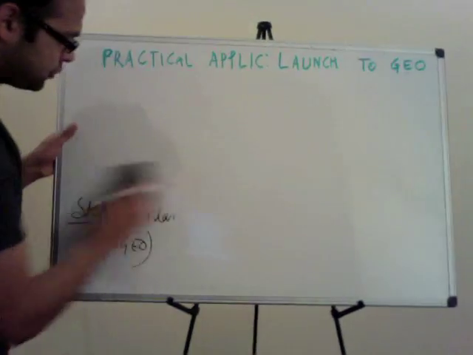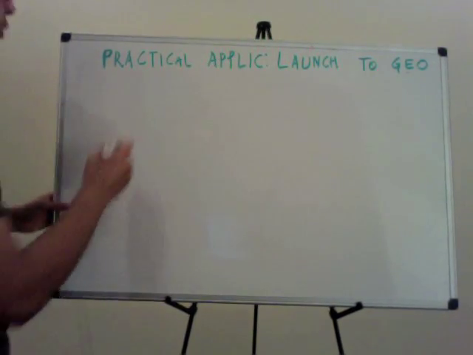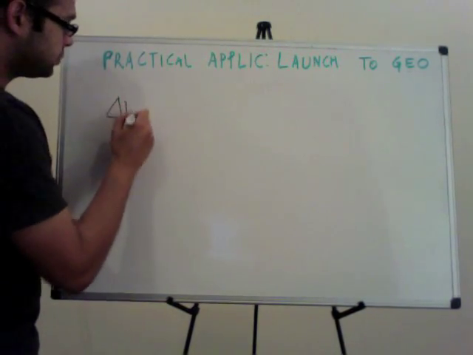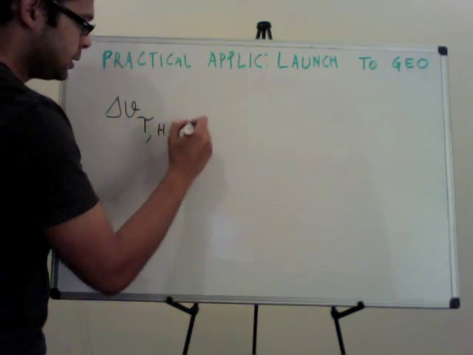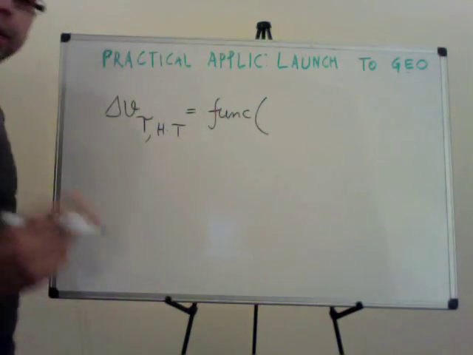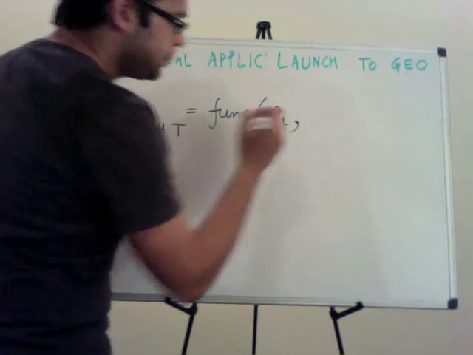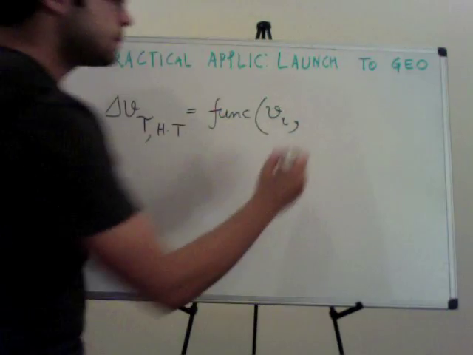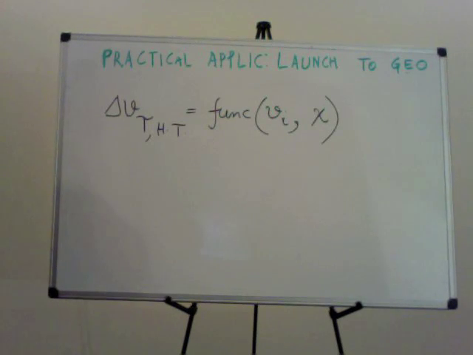I will draw the picture for method B in a little bit. But first note that the delta V total of the Hohmann transfer is a function of only two things: Vi and chi. Chi is the ratio of the radii of the initial and final orbits.